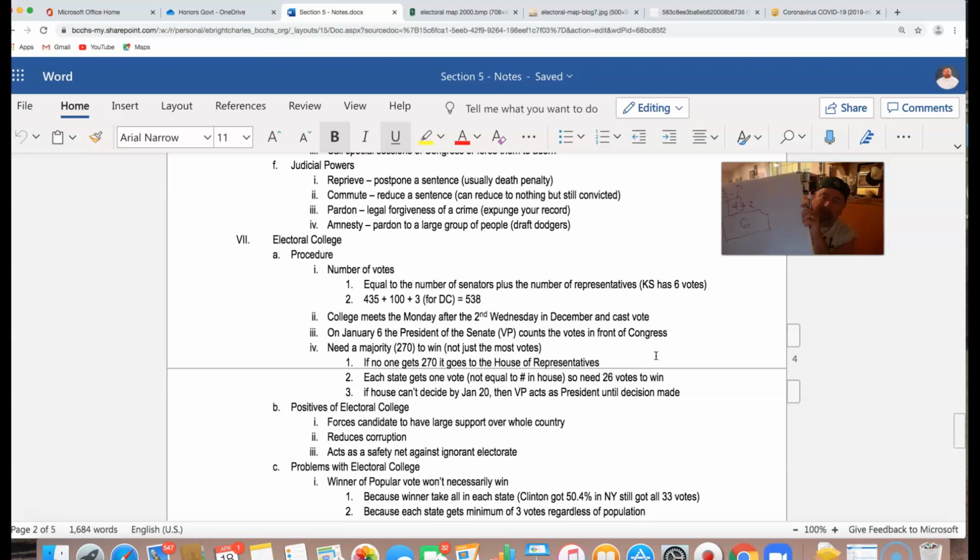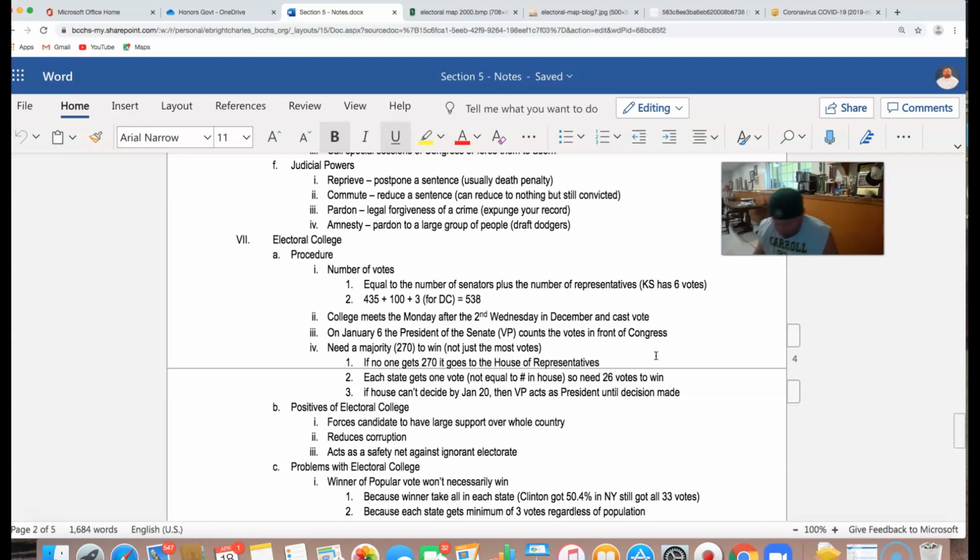Does that make sense? So in California, where there are 55, let's say 35 are Democrats and 20 are Republicans. California would cast its vote most likely for the Democratic candidate. And whoever wins 26 states wins. That's how that can happen.